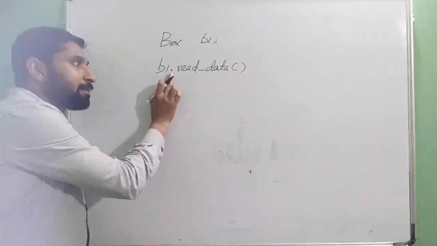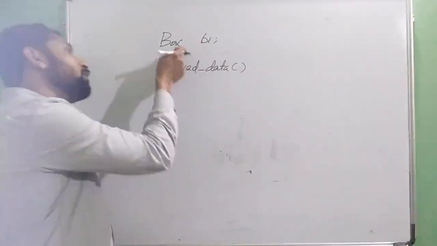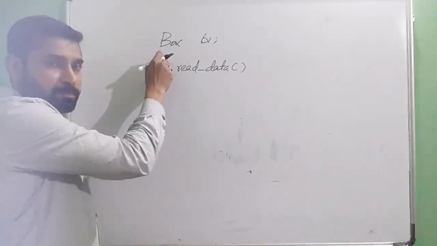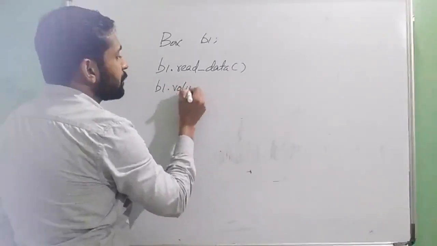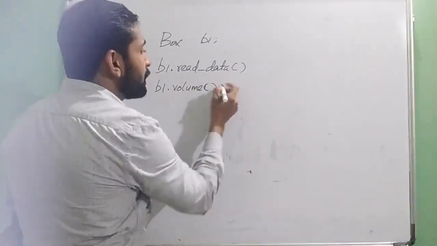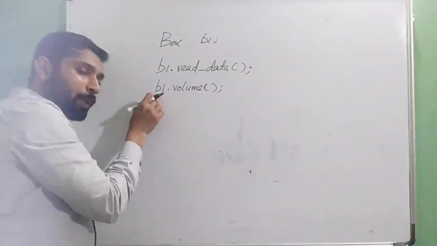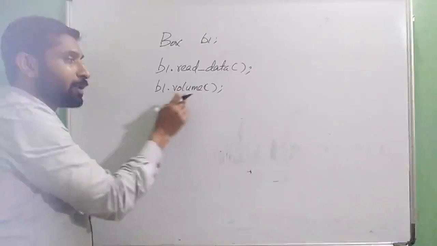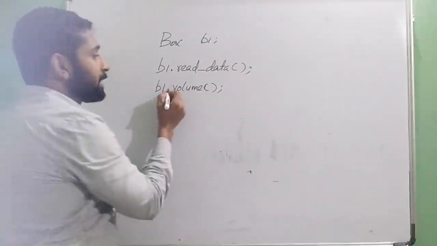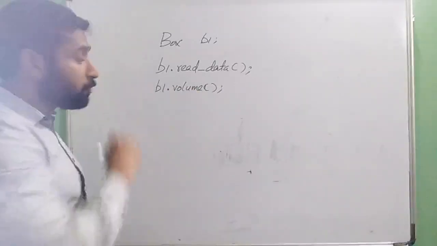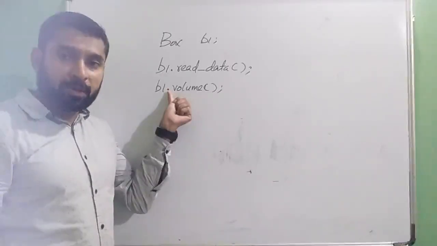With the help of the dot operator, we will call the function. Then this function will be executed for B1. Then B1 dot volume. The volume will be calculated with the data inside B1. The function will be executed for B1. So we can call or invoke a function in this way using the dot operator.